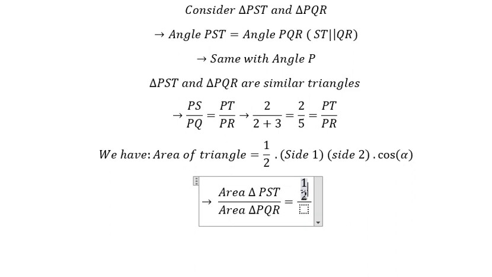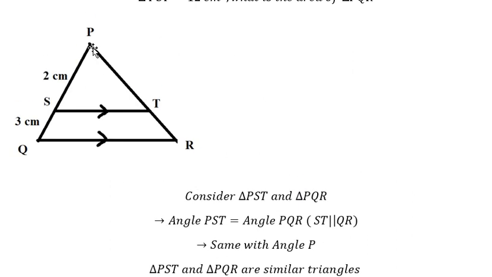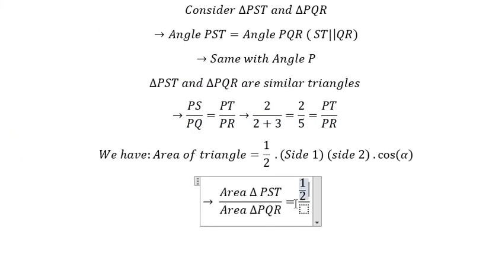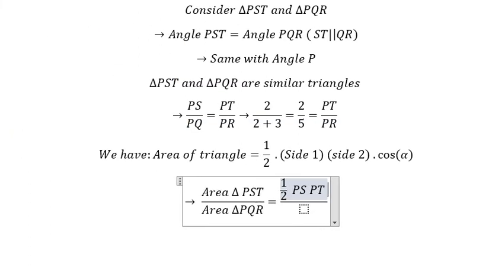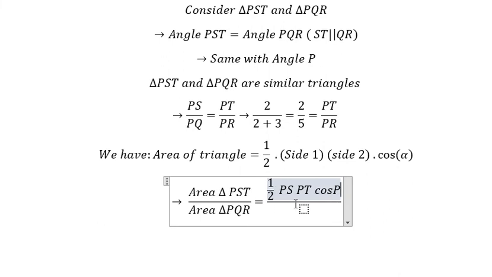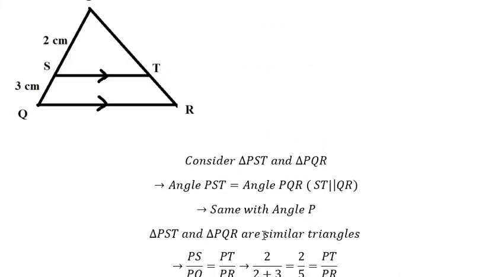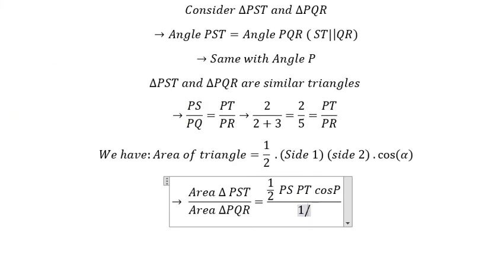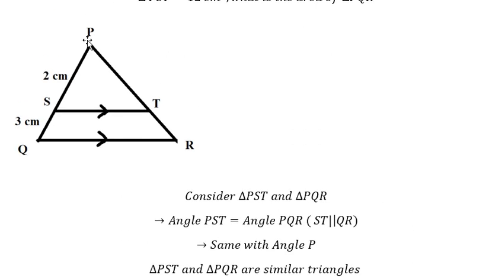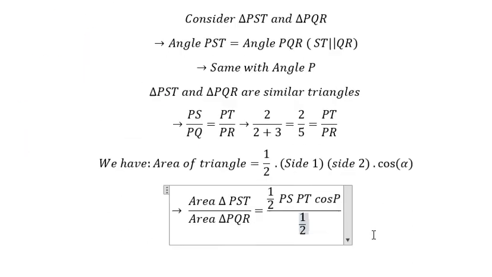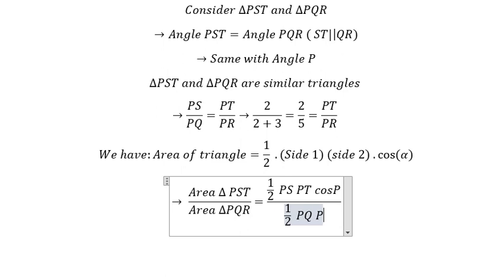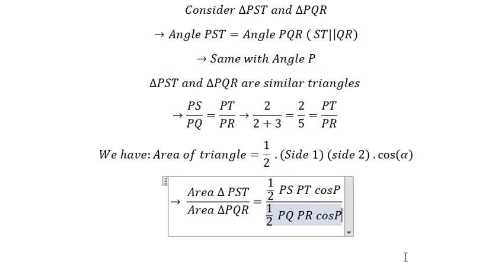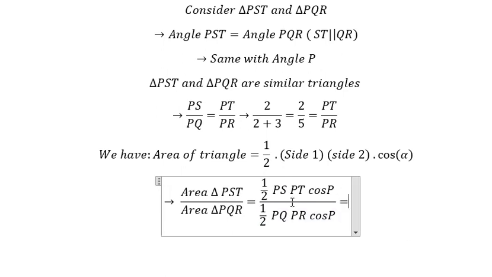So we have 1 over 2 multiplied by BH and BT and we have cosine B, and the second one we have 1 over 2 multiplied by BQ over BR, and we have cosine B. Now we need to simplify 1 over 2 and cosine B because they are the same.